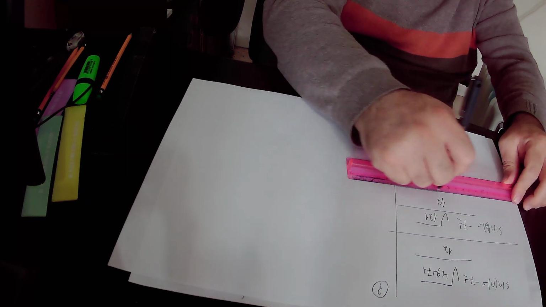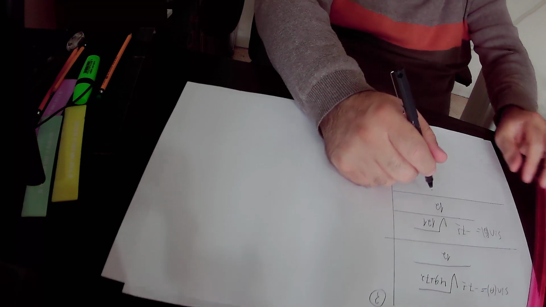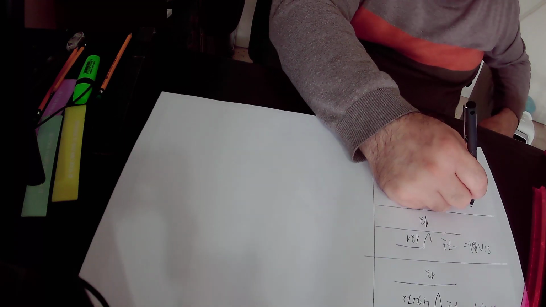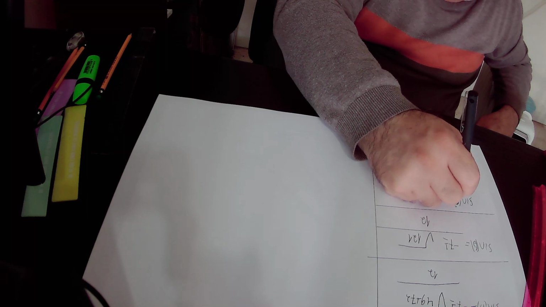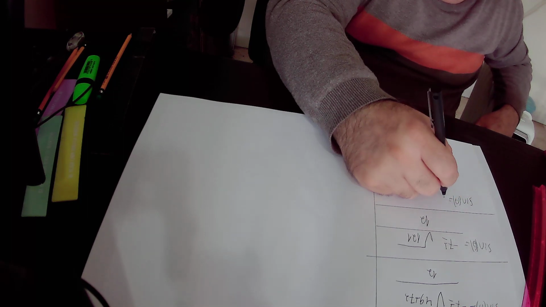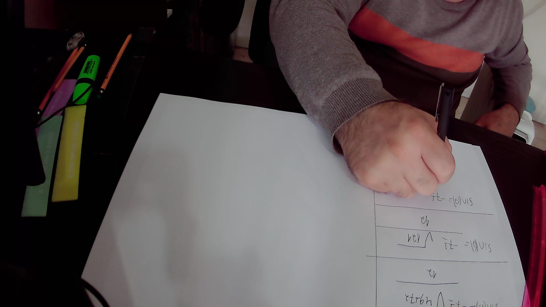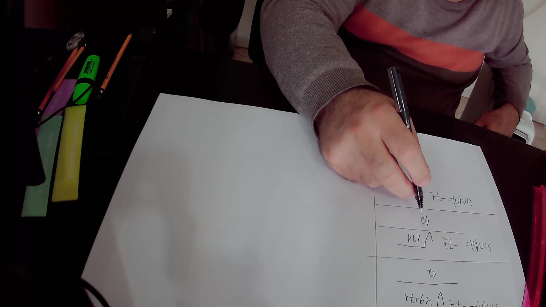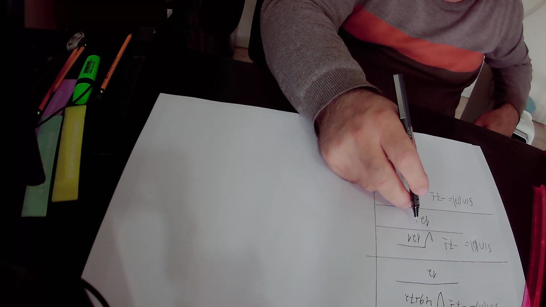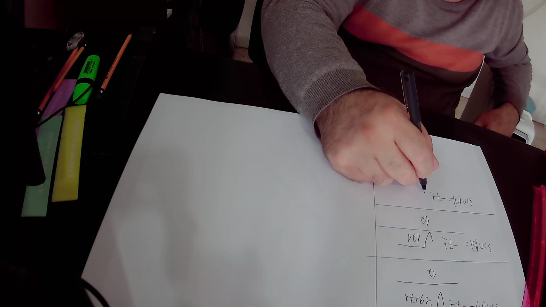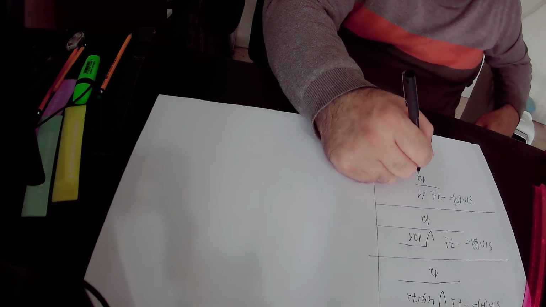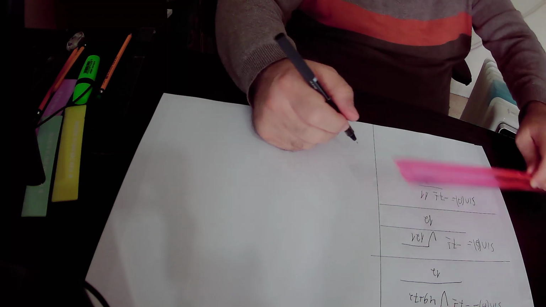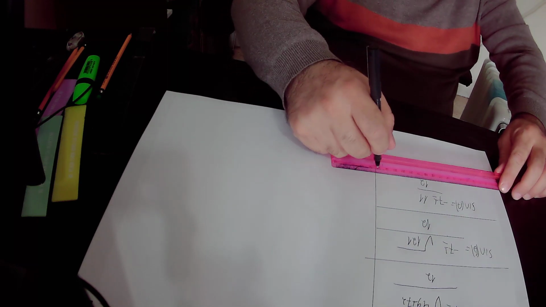The square root of 121 is 11, so I write it down. We found out that sine theta equals minus 7 plus minus the square root of 121, which is 11, divided by 12. So we have here two possible solutions for sine theta.